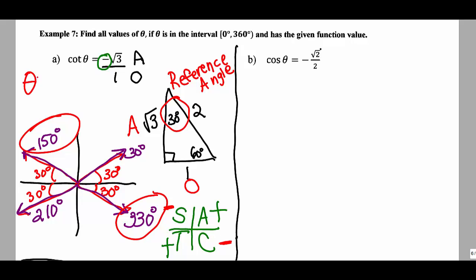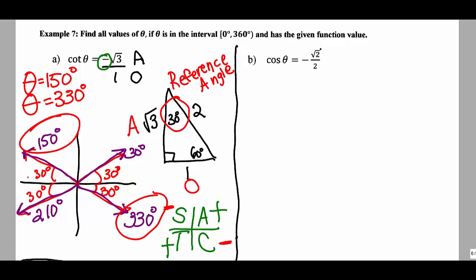So the angles that we are looking for that have this cotangent value, there's 2 of them between 0 and 360: 150, 330. They both have reference angles of 30 degrees. So I want you to be familiar with what we call the reference angle family. Within a reference angle family, all of the angles will have exactly the same function value except positive or negative depending upon what quadrant the angle lives in.